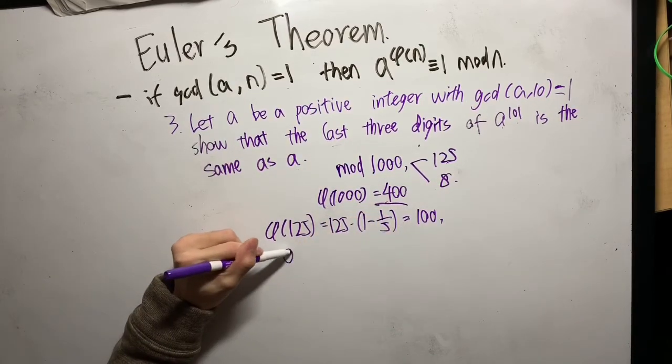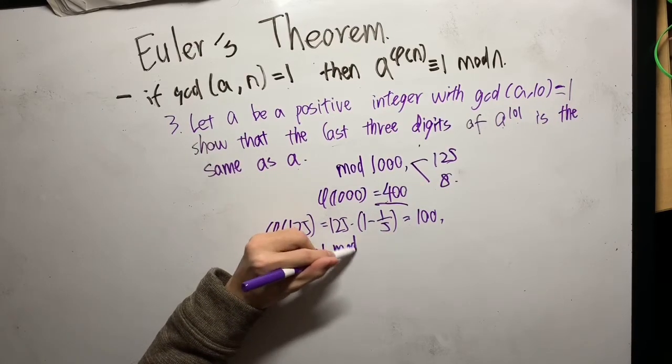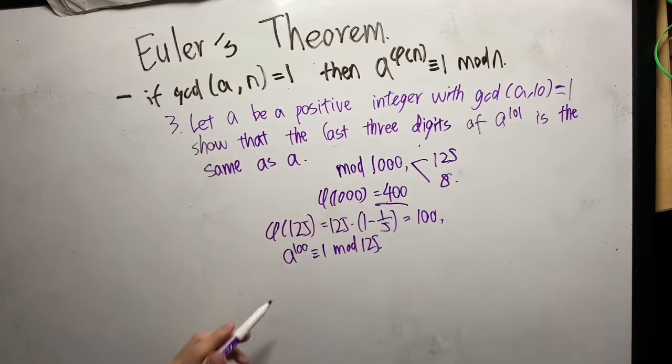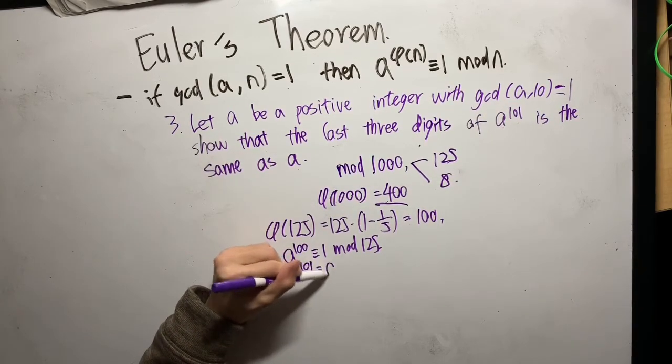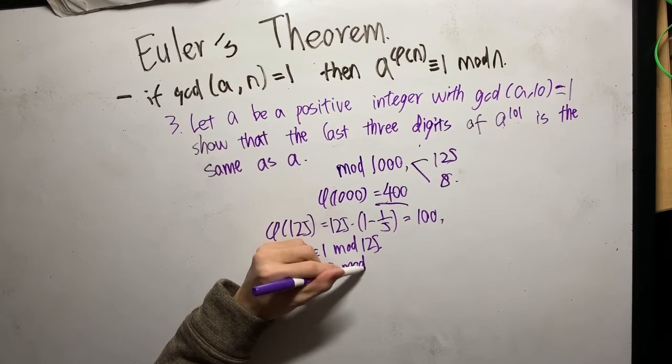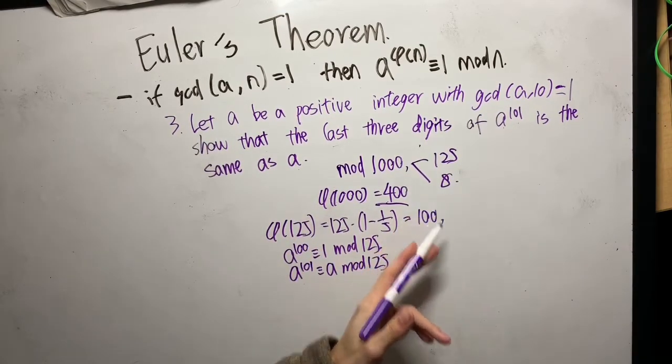Thus, we have a^100 is congruent to 1 mod 125. Thus, a^101 is congruent to a mod 125. Now let's look at 8.